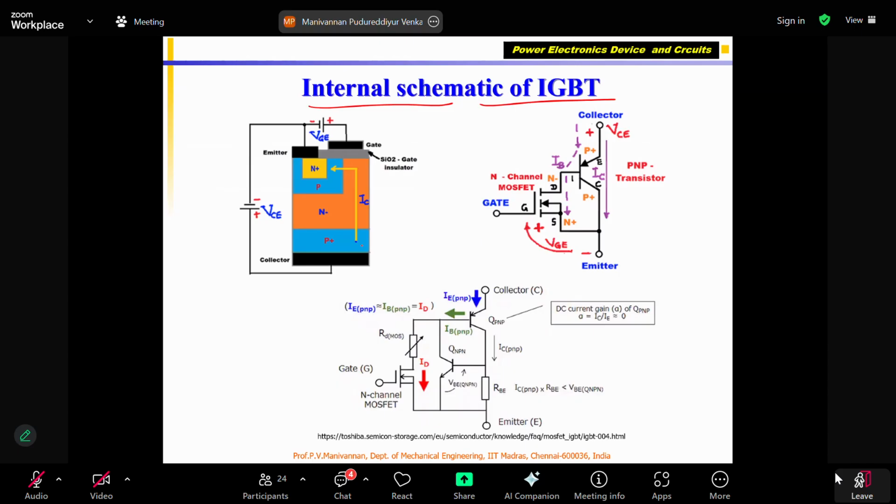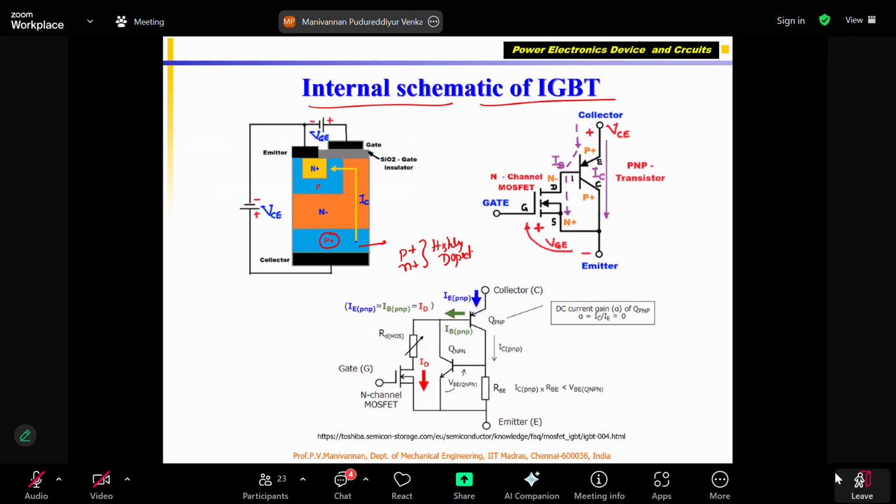The first, the bottommost layer, is called P plus. P means P-type material, plus means highly doped. Whenever you see a plus symbol along with P or N, you can say that the plus symbol represents highly doped. When we talked about semiconductor physics, I talked about a transistor.